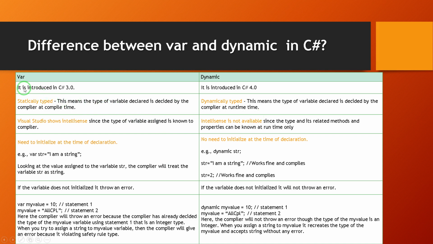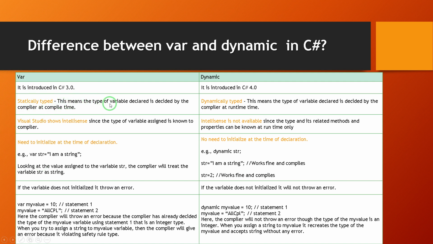The first difference is var is introduced in C# 3.0 and dynamic is introduced in C# 4.0. The second difference: var is statically typed.